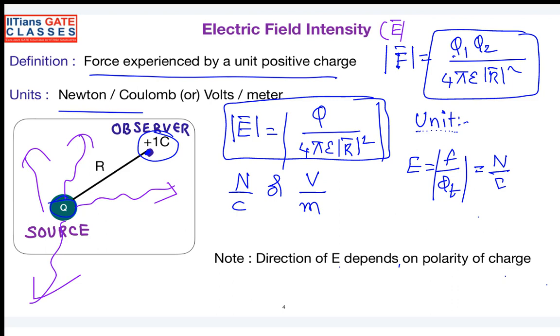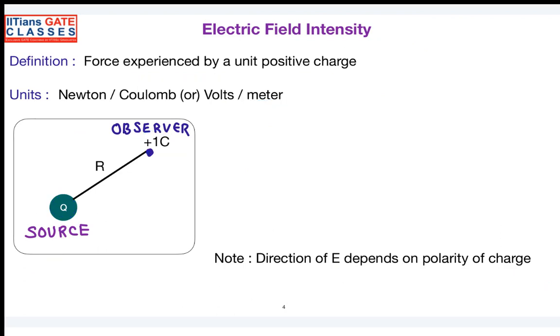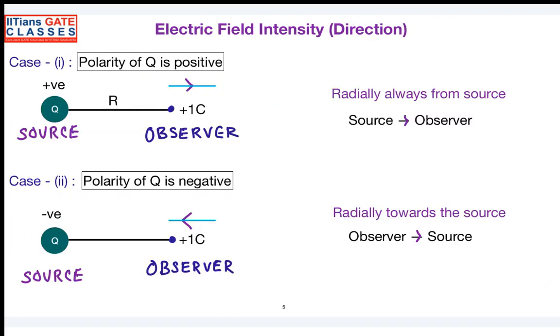What will happen if the polarity of the Q is positive? See here, this is my source, and the source is a positive charge. And my observer, observer means you have to place a positive 1 Coulomb charge there, right? So when you are finding the electric field intensity, you should always concentrate on the observer only, because you are determining the force experienced by the 1 Coulomb charge.